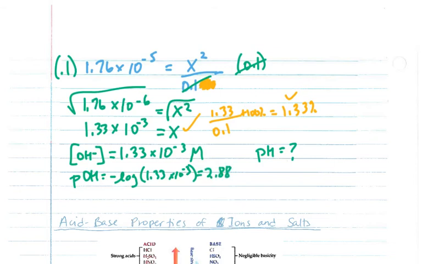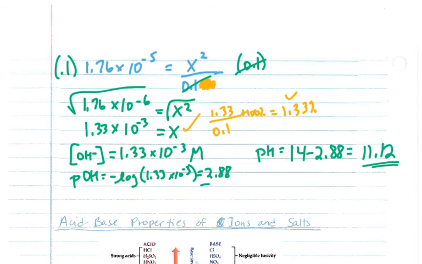So the pH is going to be 14 minus 2.88, which is 11.12. And again, this makes sense because a high pH is basic, and we are trying to figure out the pH of a basic solution, so we would expect it to have a high pH.